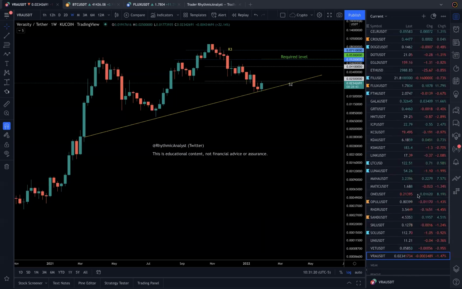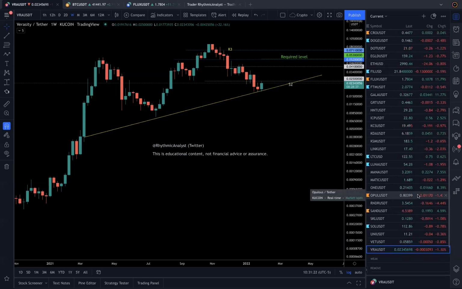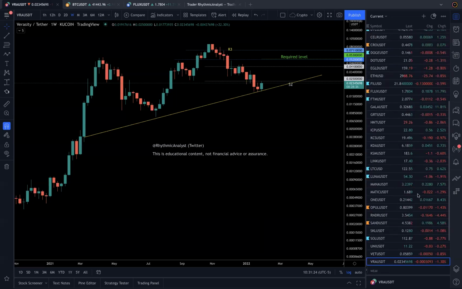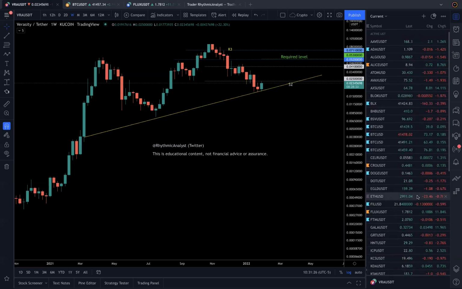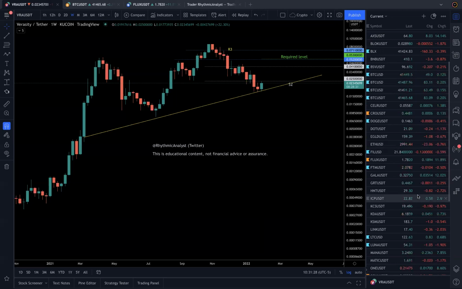I forgot. No, not Block, but Flock. Anyway, there are so many coins I don't remember. There was a coin, only one coin which has no green candle, sitting on the support. Otherwise, all the coins are okay.